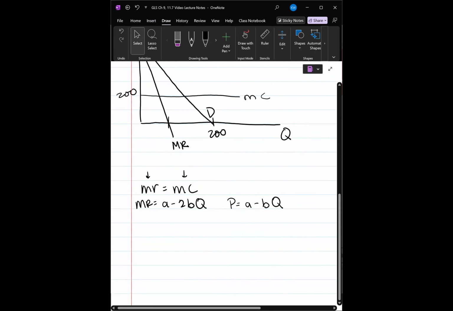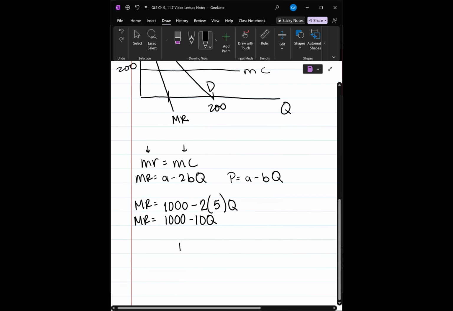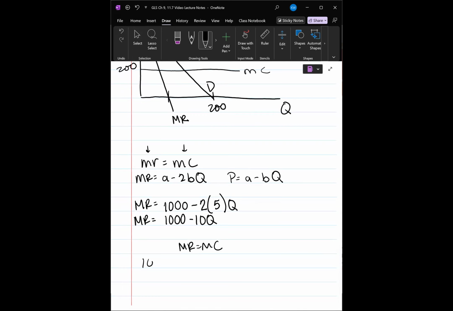So what we can go ahead and do is find our marginal revenue equation. A is 1,000, so we have marginal revenue equal to 1,000 minus 2 times B. B is 5, so we substitute 5 for B, times quantity. So simplifying, we get that Apple's marginal revenue is 1,000 minus 10 times Q. All right, and now we can set marginal revenue equal to marginal cost and solve for output. So we'll have 1,000 minus 10 times Q equal to 200.